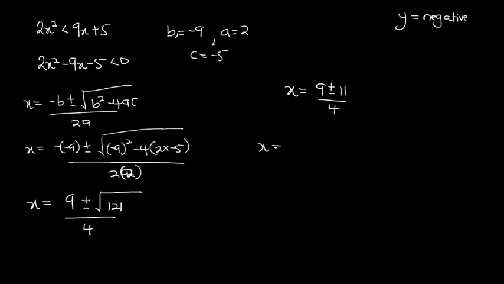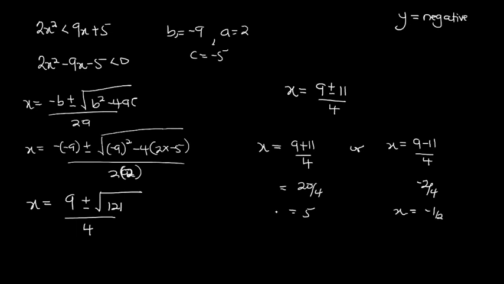So s is either equal to 9 plus 11 on 4, or s will be equal to 9 minus 11 on 4. Now 9 plus 11 will give me 20 on 4, and this will give me 5. Or 9 minus 11 will give me negative 2 on 4, which will give me negative 1 on 2.